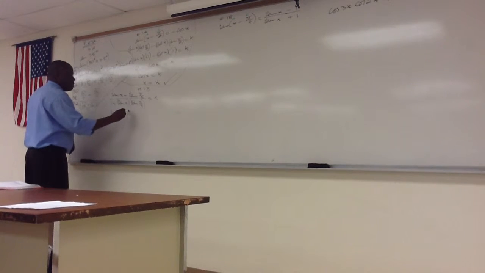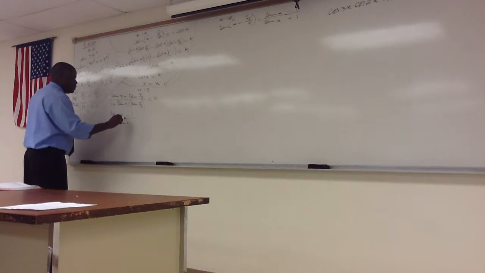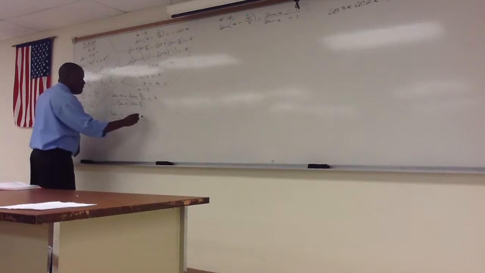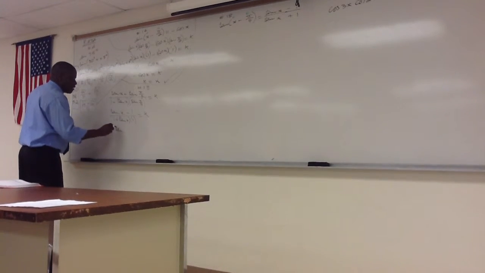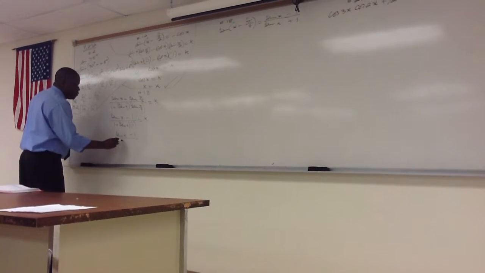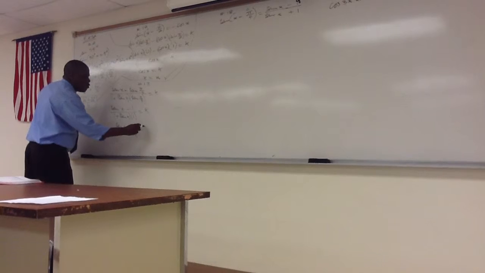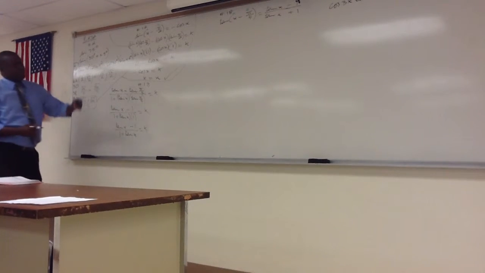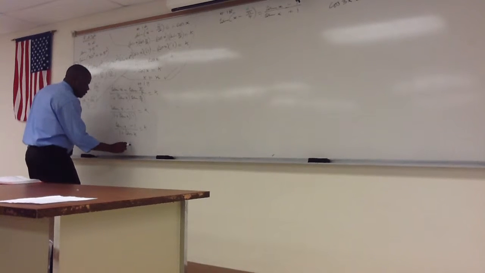So it's tangent of x minus 1, over 1 plus tangent of x times 1. On the top, you're left with tangent of x minus 1. And on the bottom, you're left with 1 plus tangent of x. Well, wasn't that what you were trying to prove? Yeah, exactly the same thing. And you're done.